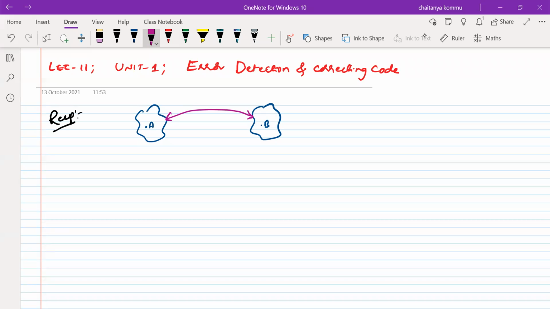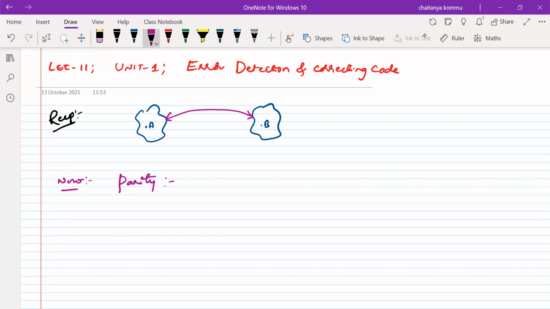We have to give some more security or features to that particular code. For that, we are going to use the concept of parity. So now we would like to discuss parity.